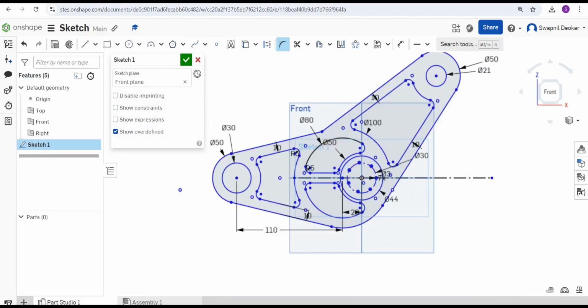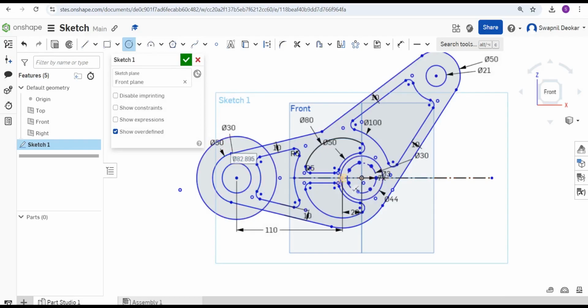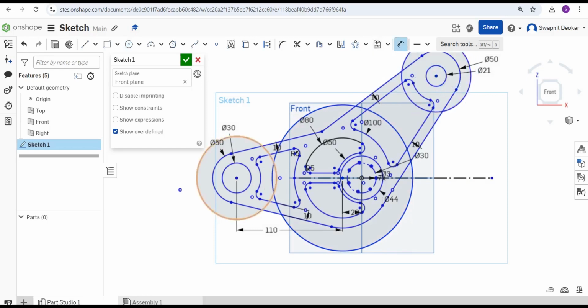Now the last thing is remaining. This circle is up to this. The diameter is 50.